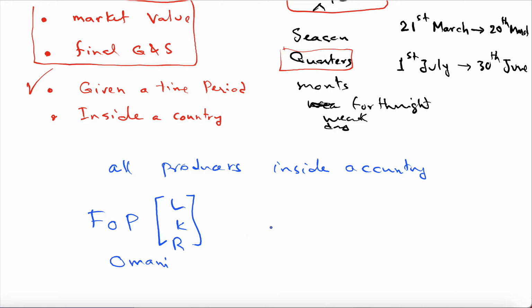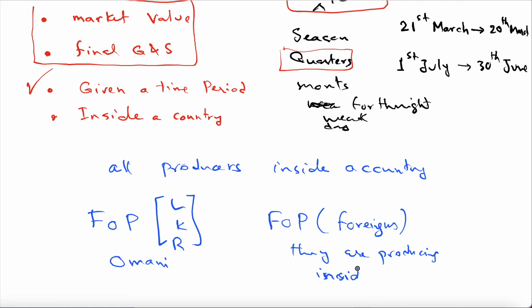We are knowing that there are some factors of production which are foreigners, and they are producing inside Oman. So whoever, Omani inside the country and the foreigners inside the country, how much they are producing.